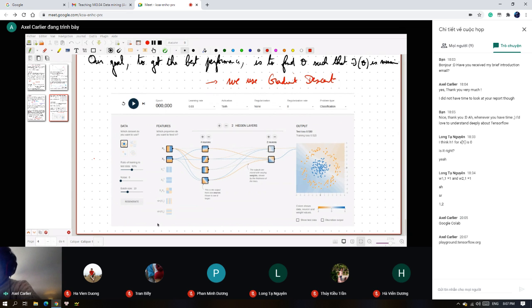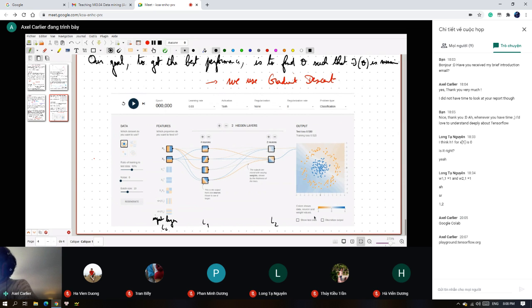So you have here a neural network. You have the input layer, and previously I said we call this L0. Then you have hidden layers, L1 and L2 here.